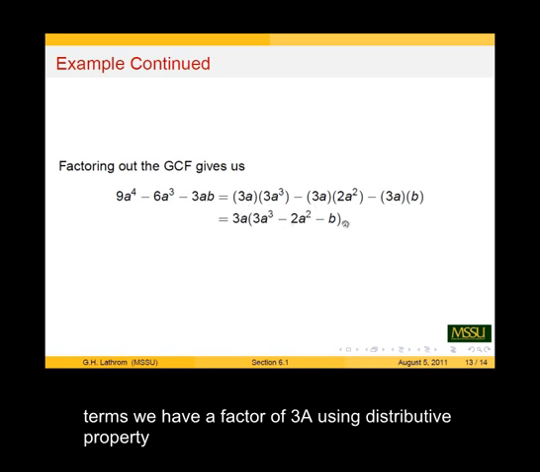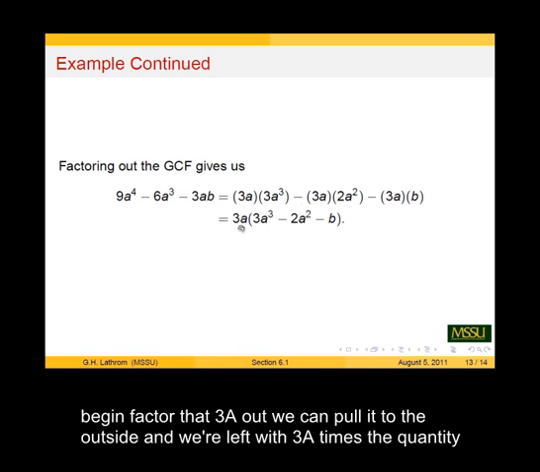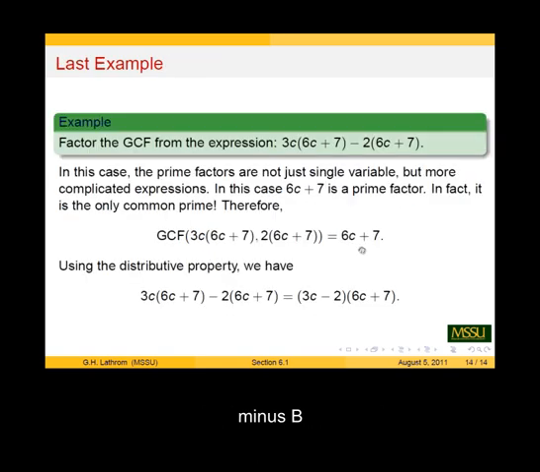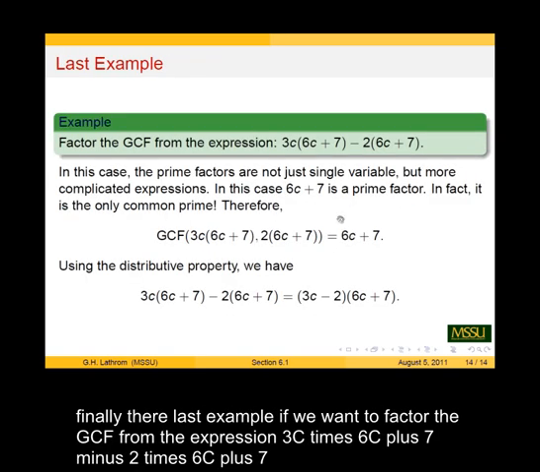Using the distributive property, we can factor that 3a out. We can pull it to the outside, and we are left with 3a times the quantity 3a cubed minus 2a squared plus b.